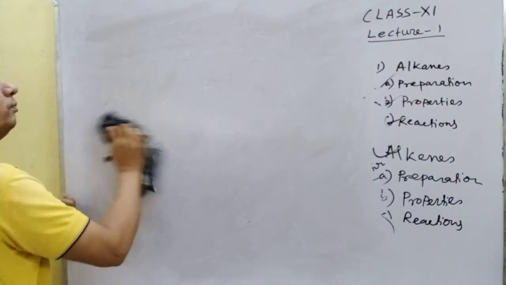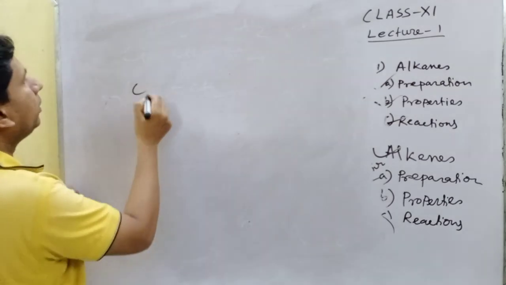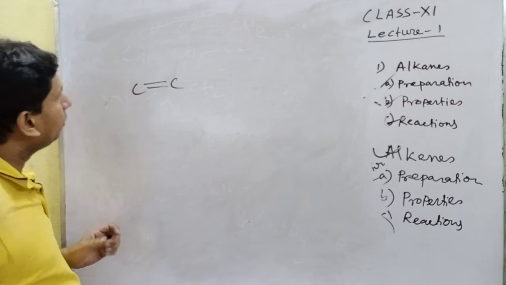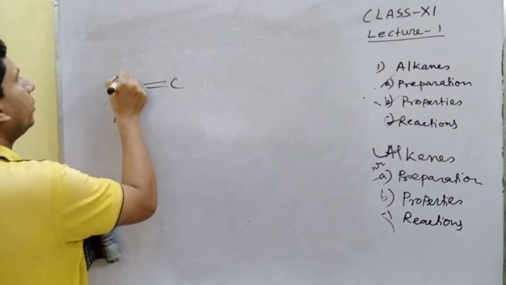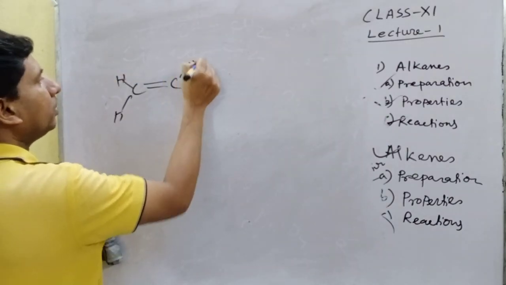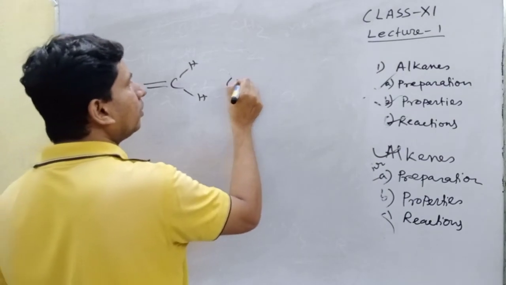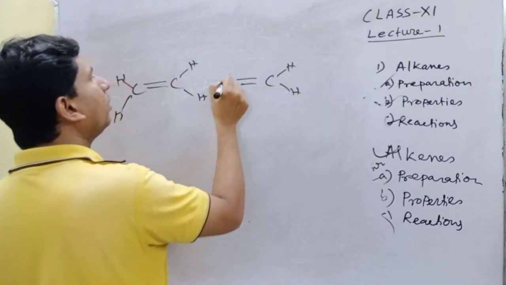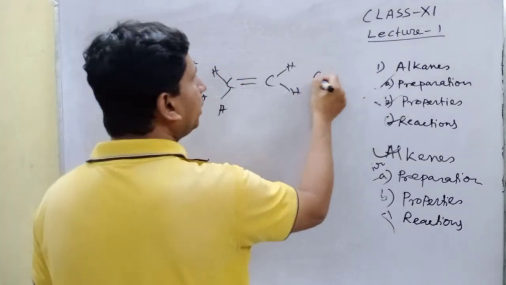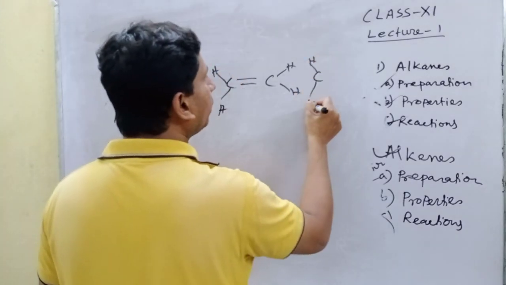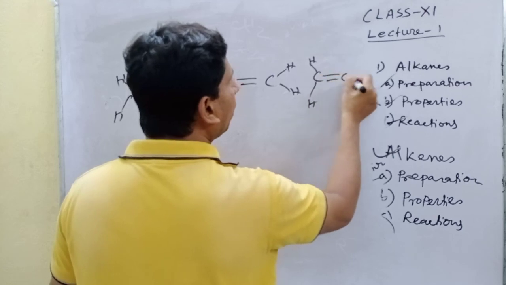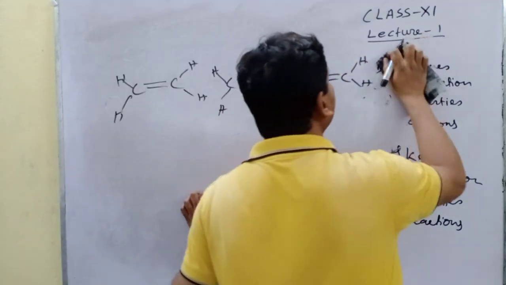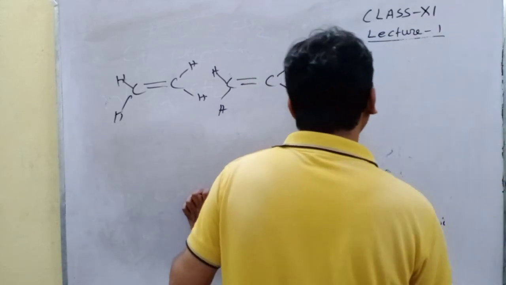I am showing you. Ethene, hydrogen, ethene, hydrogen, ethene, hydrogen, in this way, so many ethenes are there.